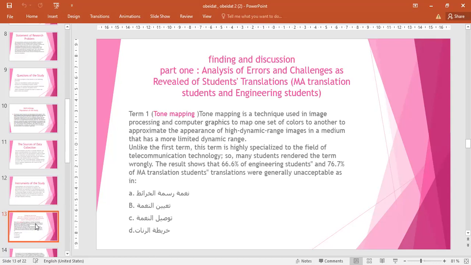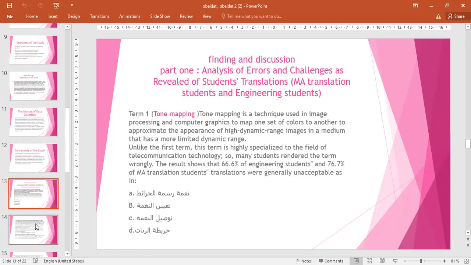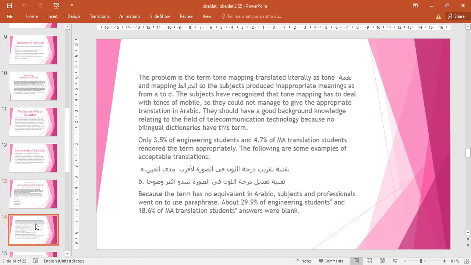Unlike the first term, this term is highly specialized to the field of telecommunication technology, so many students render the term wrongly. The result shows that 66.6% of engineering students and 76.7% of MA translation students' translations were generally unacceptable, as in: نغمة رسمة الخرائط، تعيين النغمة، توصيل النغمة، خرائط الرنات أو خريطة الرنات.